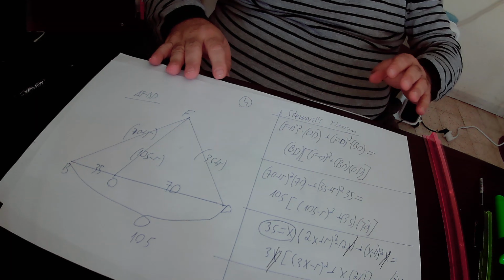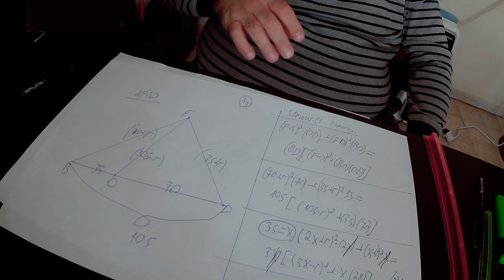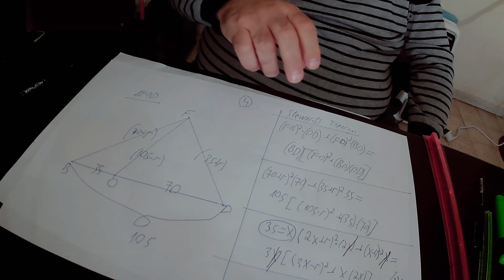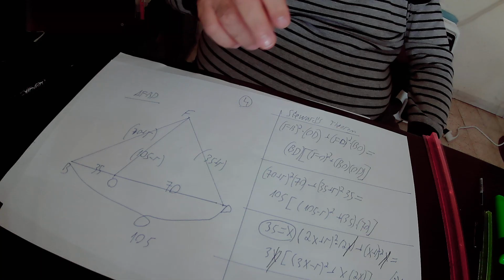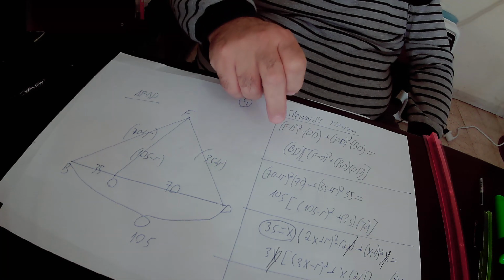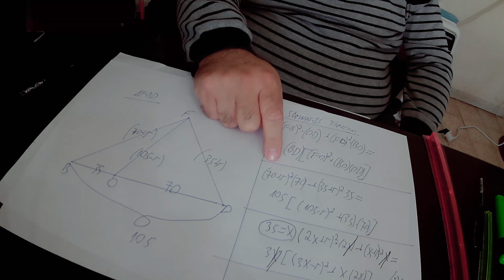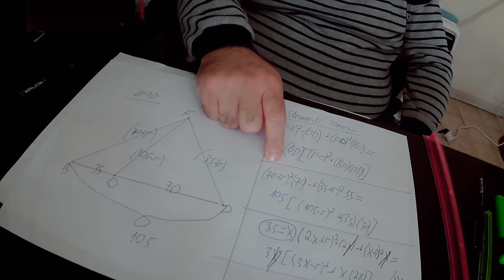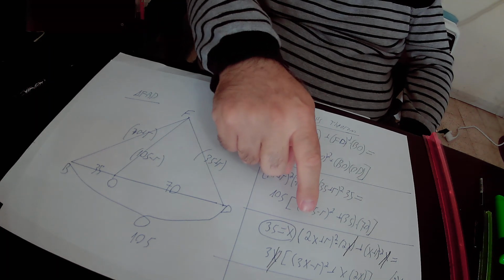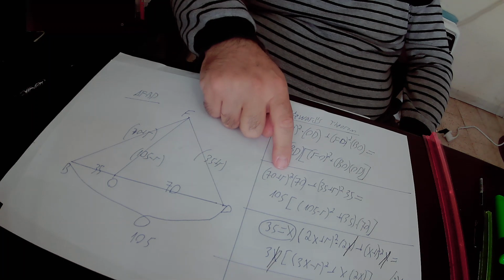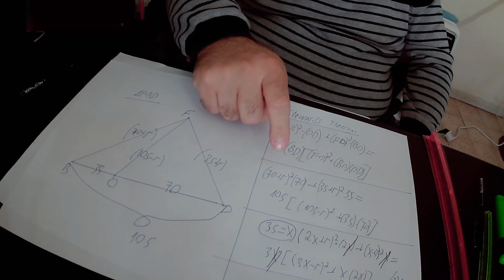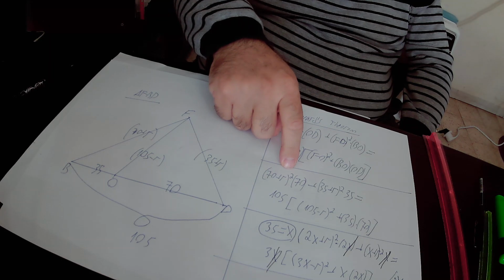Then we defined 35 as x, and we substituted 35, or any multiplication of 35 by a natural number, by x. And we got here that 70 is 2 times 35, that is to say it is 2x. So we substitute 70 by 2x. (70 plus R) squared is (2x plus R) squared, times 70 which is 2x.